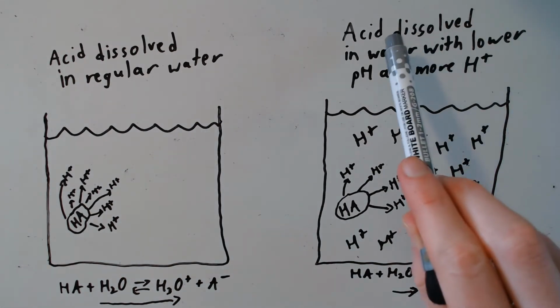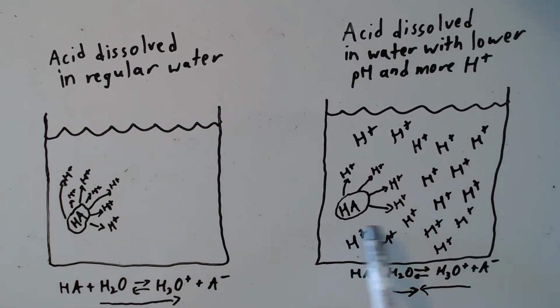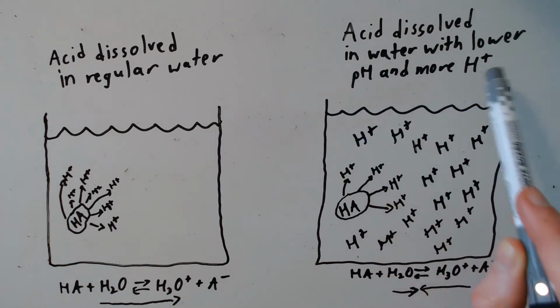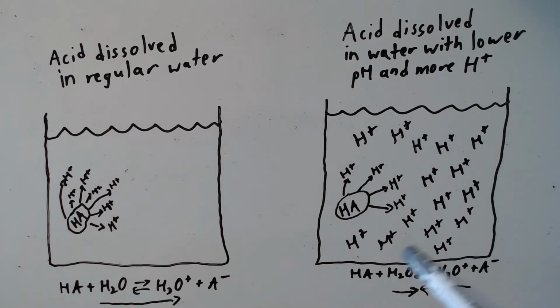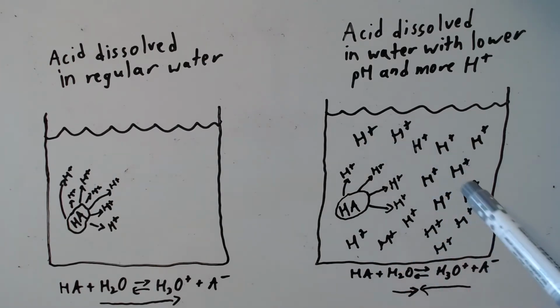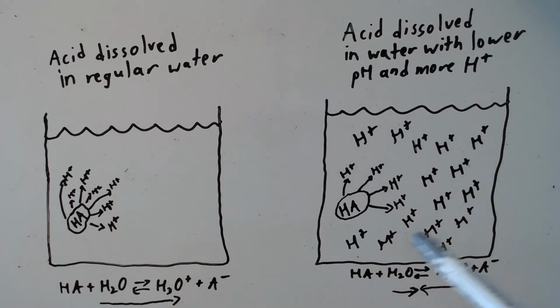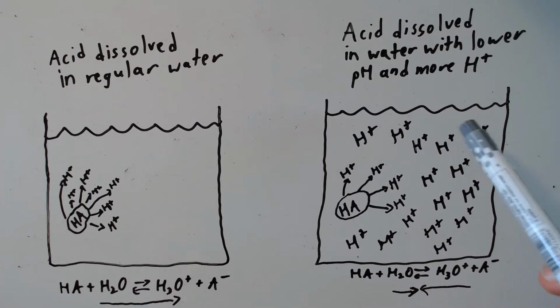But let's say this acid is dissolved in water with a lower pH and more H+ that are already dissolved. And these H+ by themselves already combine with H2O to form all of these hydroniums, H3O+. So there's a problem.